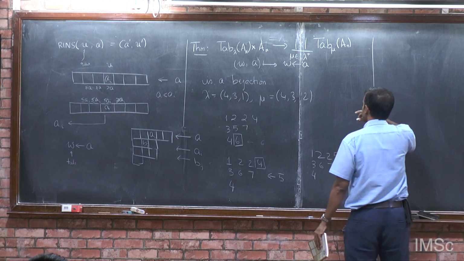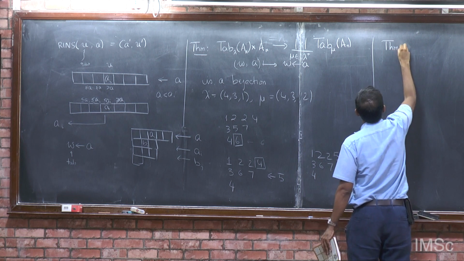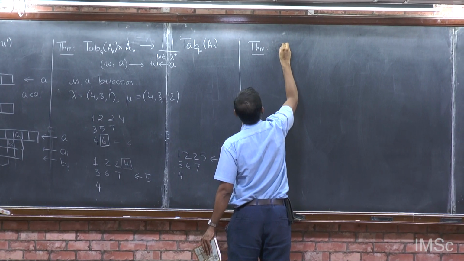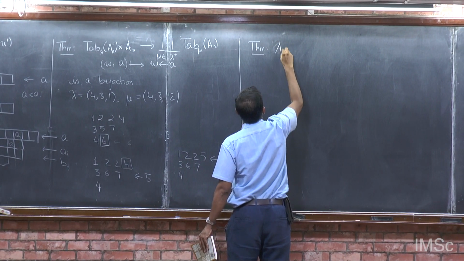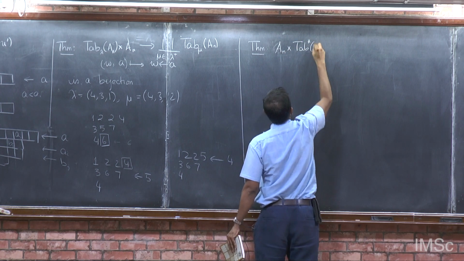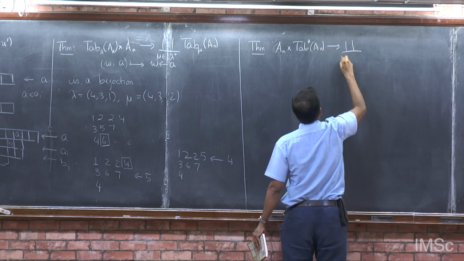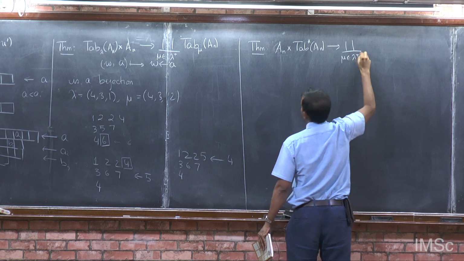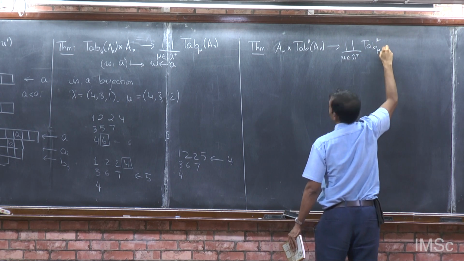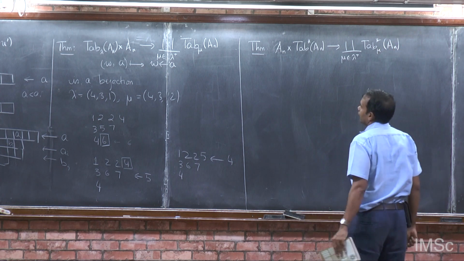So, this is a similar dual theorem. I will write it like this: A n cross tab star A n to is a bijection.